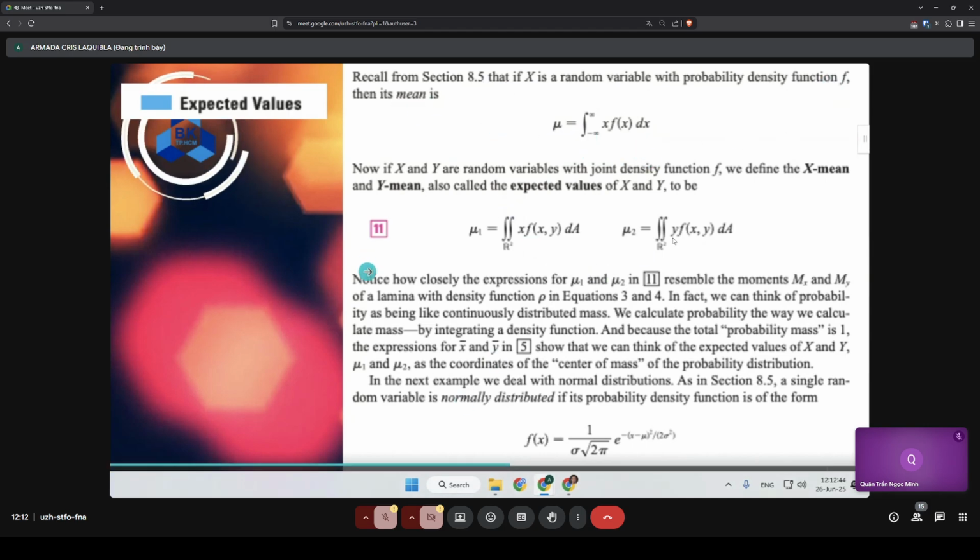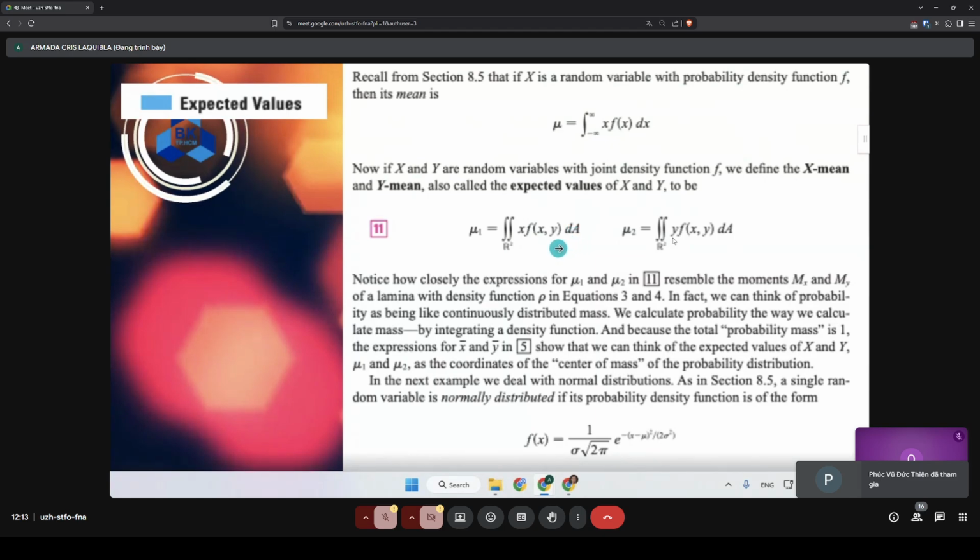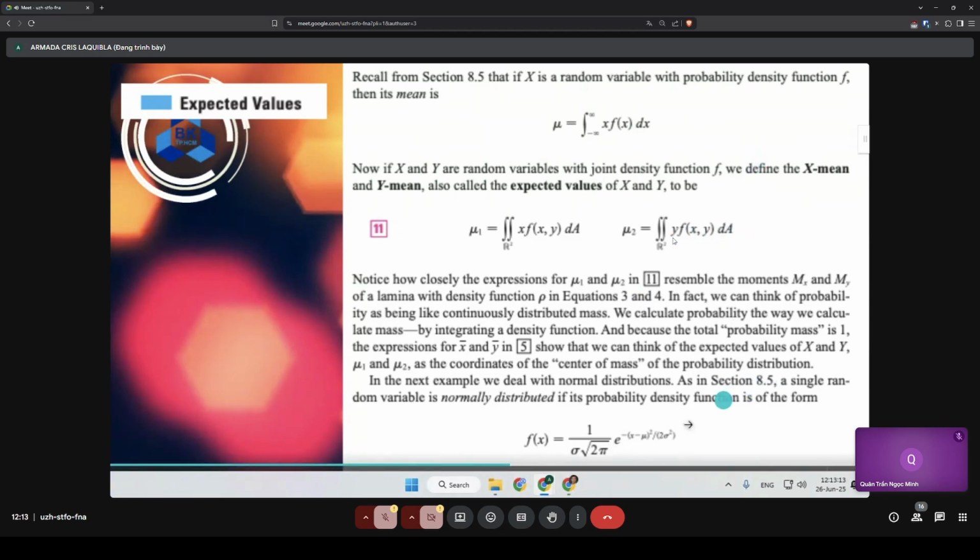This is your mu. Now, if you have two random variables there, x and y, with a joint density function f, we define x mean and y mean, also called expected values of x and y, to be this one. Okay, they are the expected values. Mu1 is the double integral of x times f of xy dA, and then your mu sub 2 is equal to the double integral of y times f of xy dA. Now, class, here, your x bar and y bar there, class, is the center of mass, right?